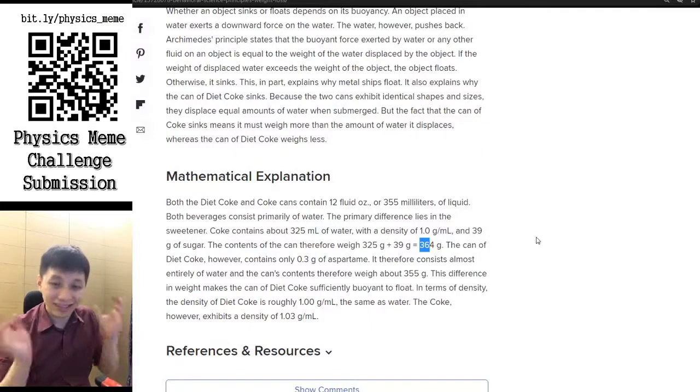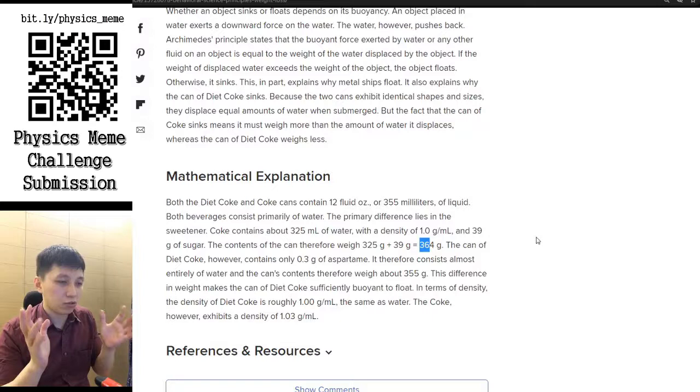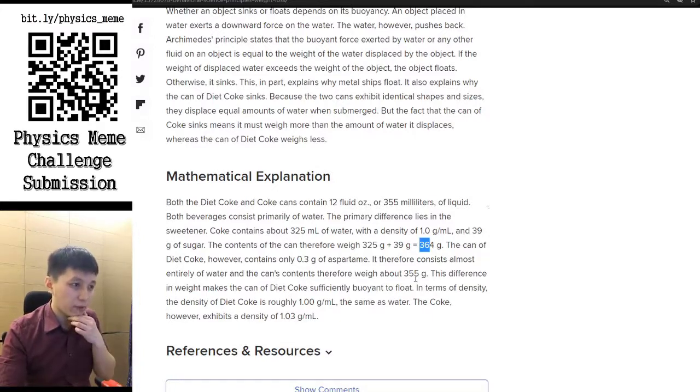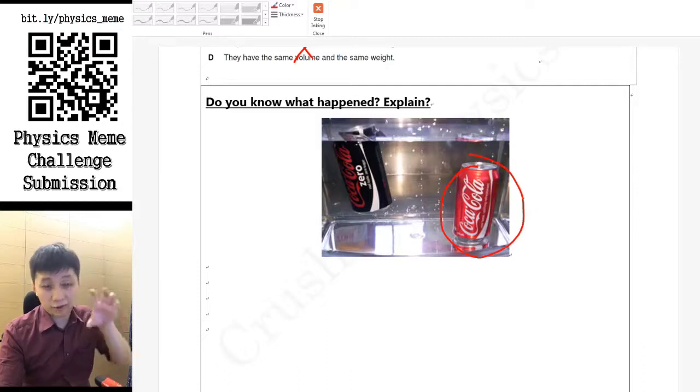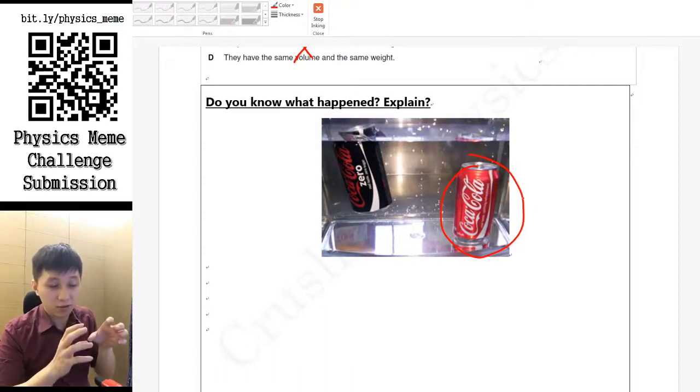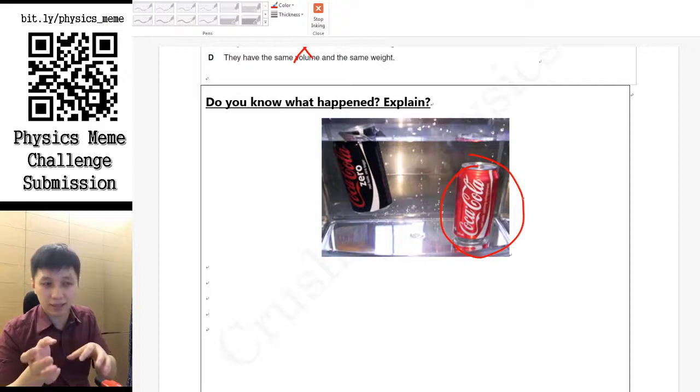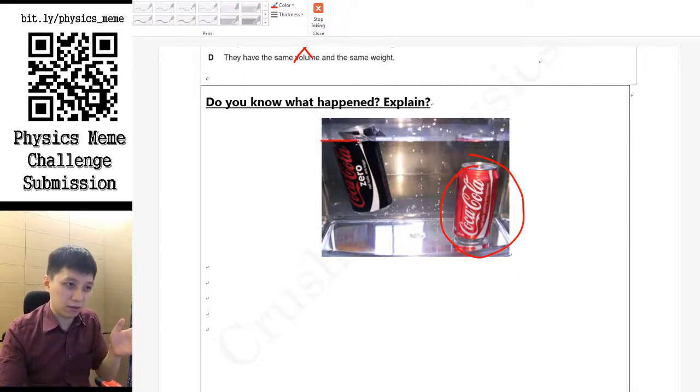So that's why the density will get much higher than the water itself, because remember in the picture we saw that this one will actually sink. That's because the density of the traditional Coke is going to be denser than the water, which is the liquid here. So that's why it will sink.